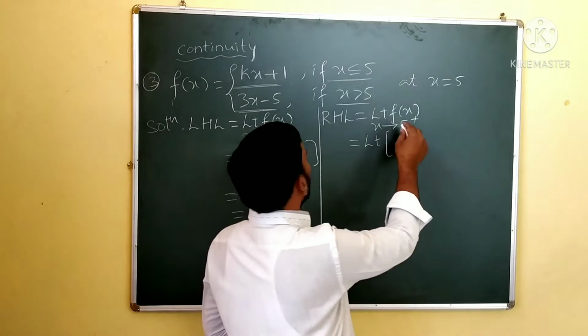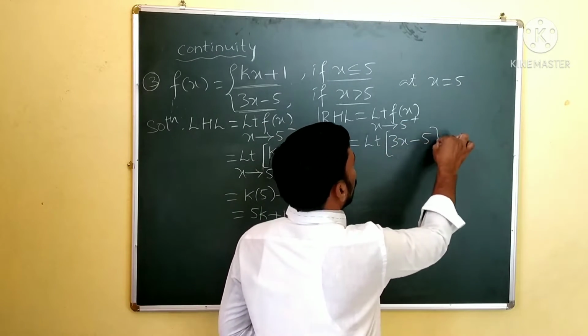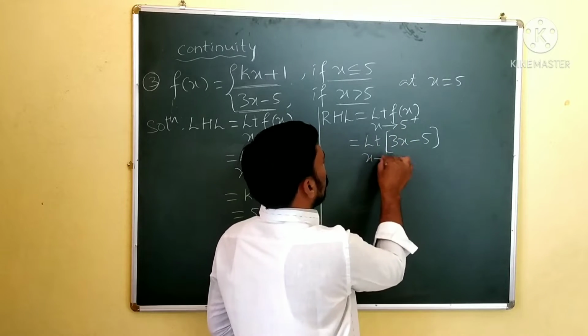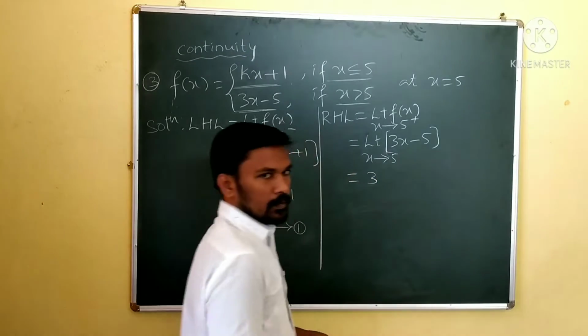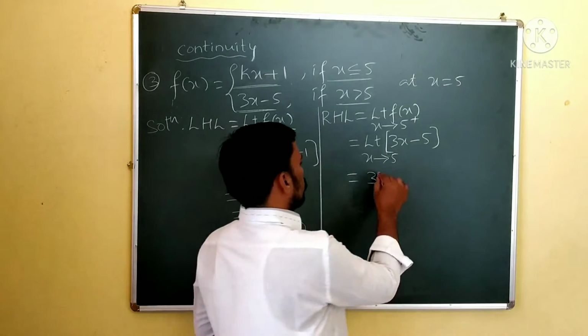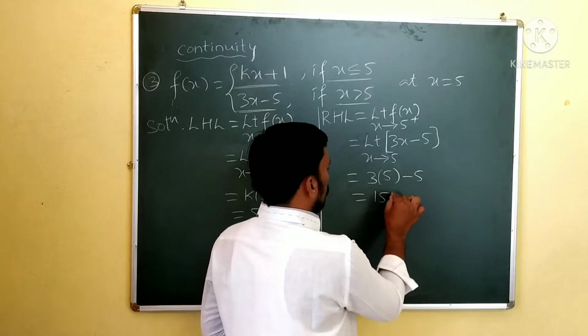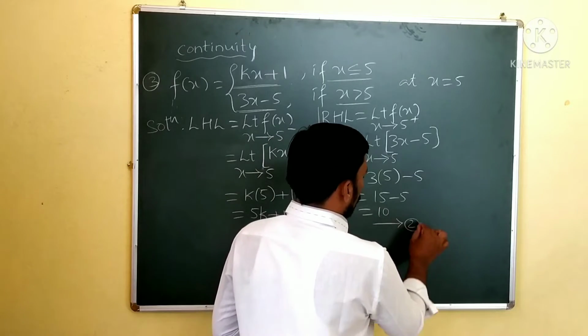So let us replace f of x by 3x minus 5. And what is the limit point here? 5. Now apply the limit. Replace x by 5. It becomes 3 into 5 minus 5. 3 into 5, which is 15, minus 5 is equal to 10. So this is the right hand limit value.